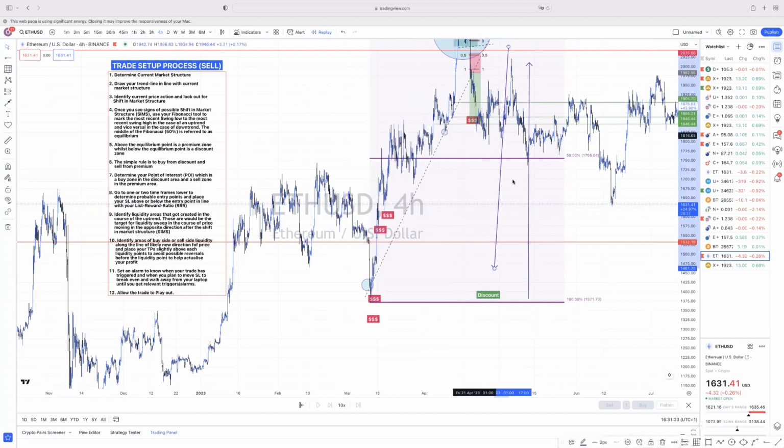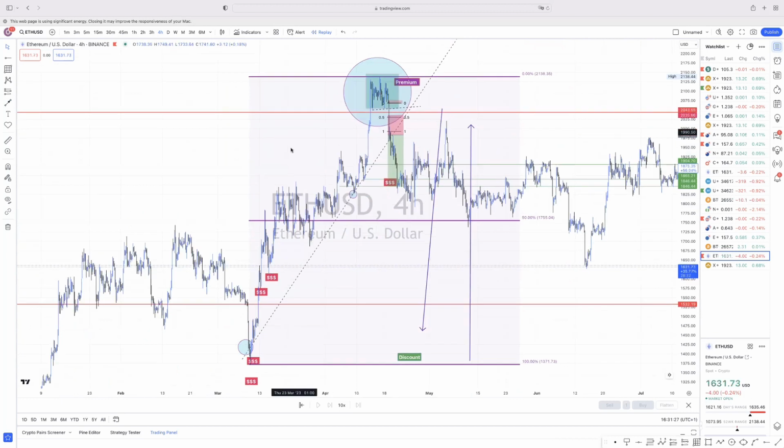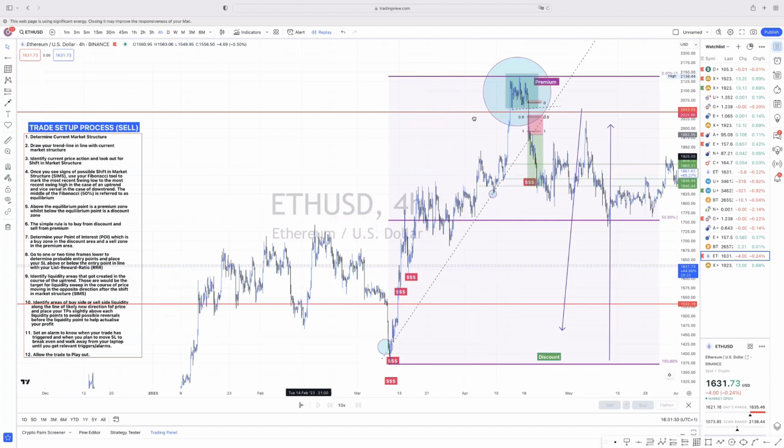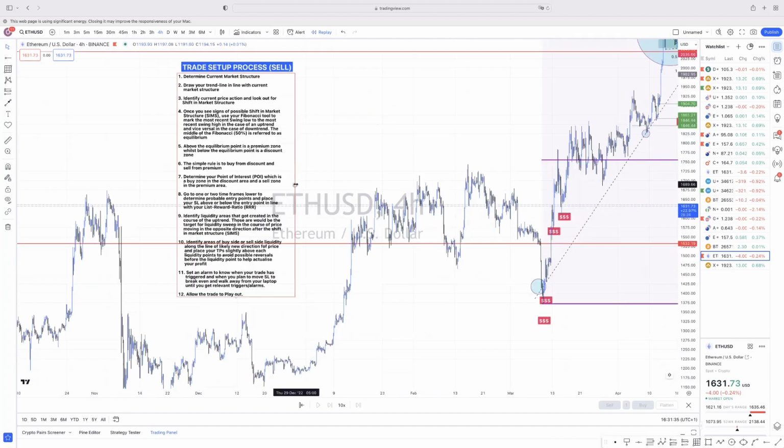Once you obey this simple rule, and don't forget, I told you that any buy price action that you are seeing in premium is likely to be an inducement, and the smart money might be trying to make you liquidity for the market. So please watch out whenever you are taking a trade.